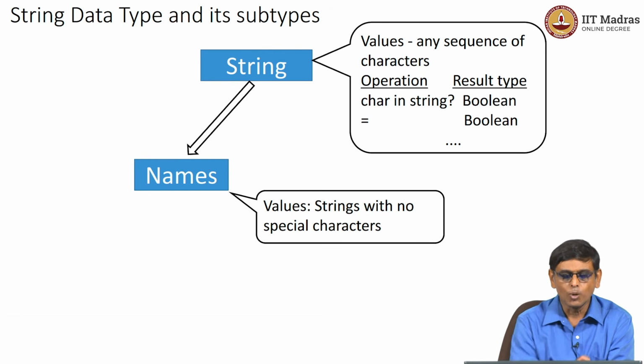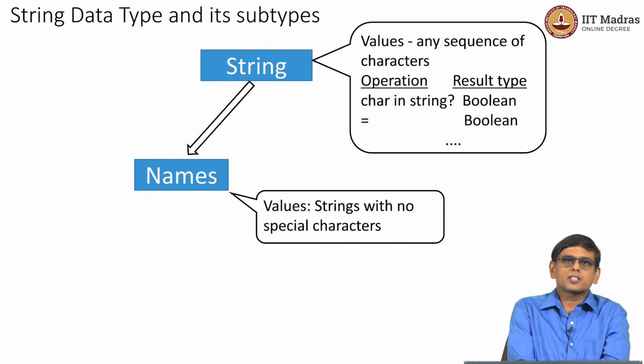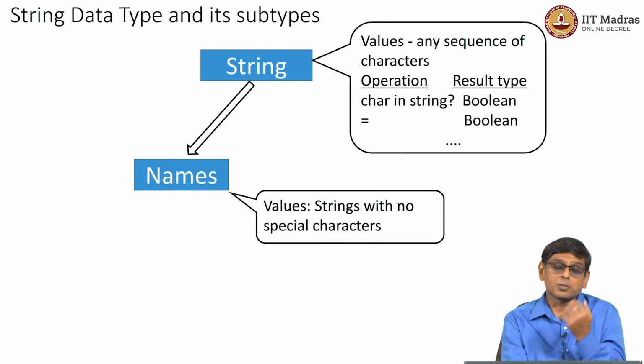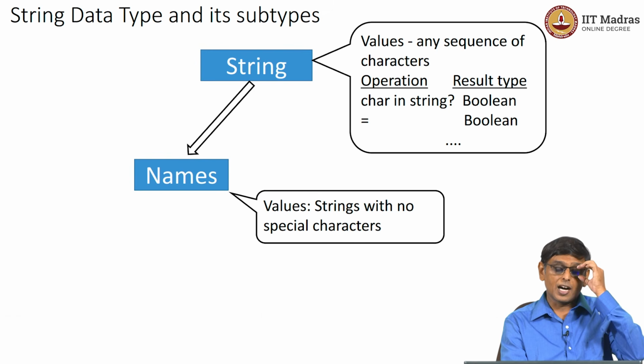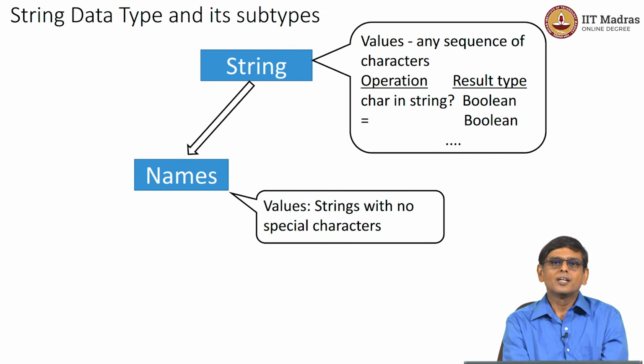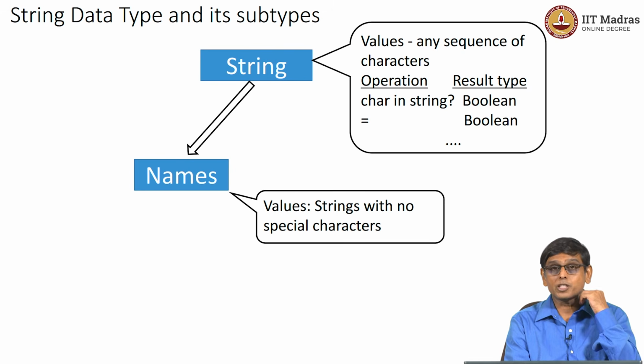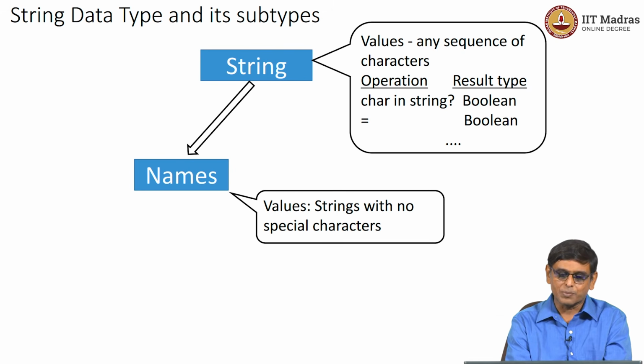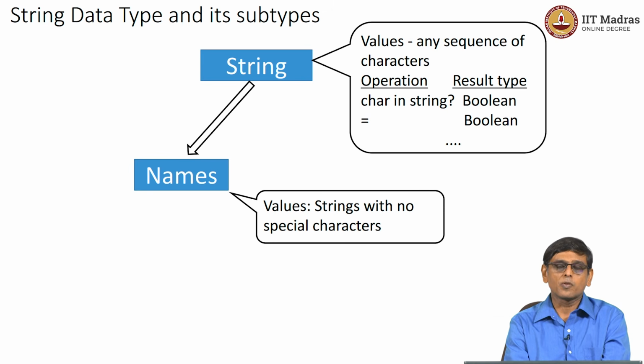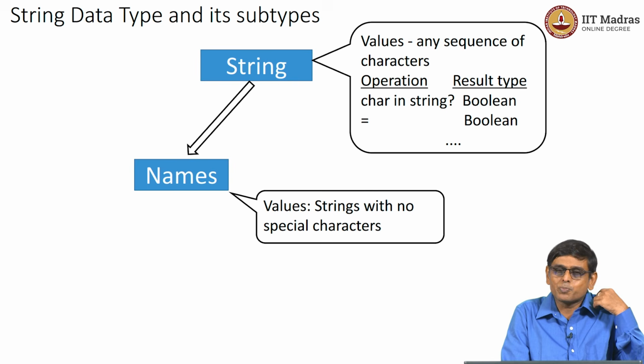Now one of the subtypes that we used in our cards basically was names, right. So names are basically again strings, but there is a specific constraint that we wanted to put on names. Typically names do not have any special characters.